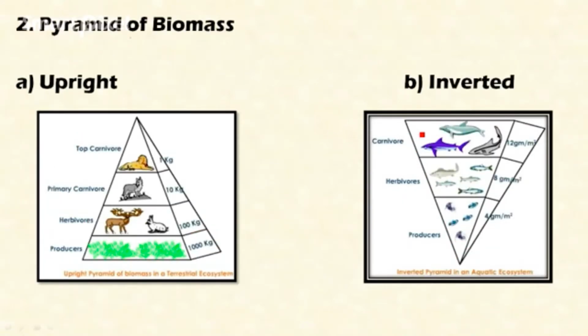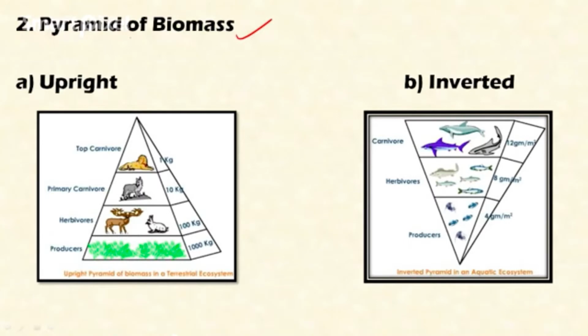So, the pyramid of biomass. In order to overcome the shortcomings present in the pyramid of numbers, the pyramid of biomass is used. In this principle, the organisms at each trophic level are weighed, and the weights of all these organisms are compared, and the graphical representation is designed.